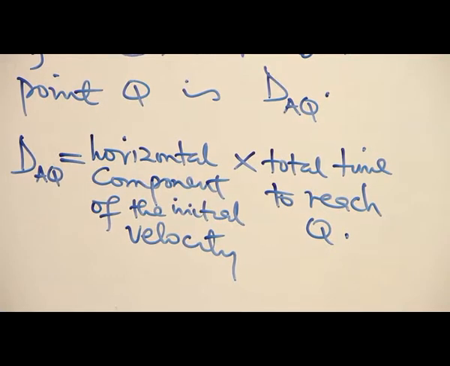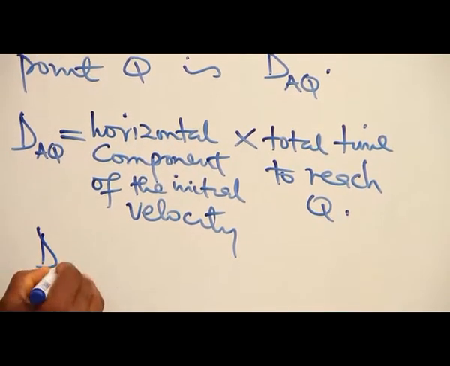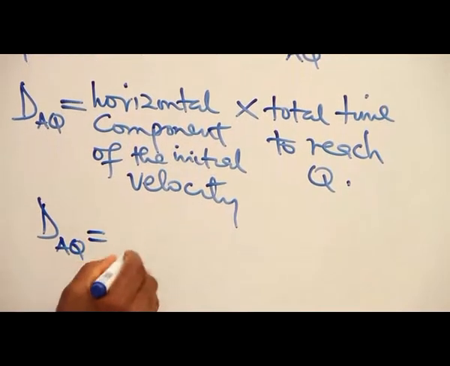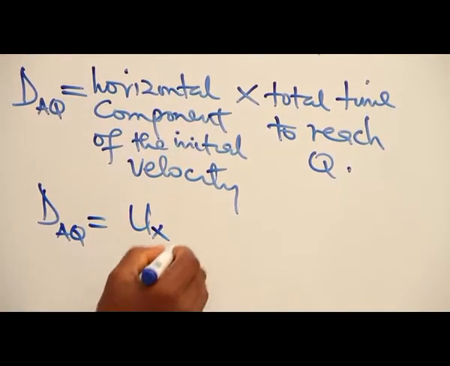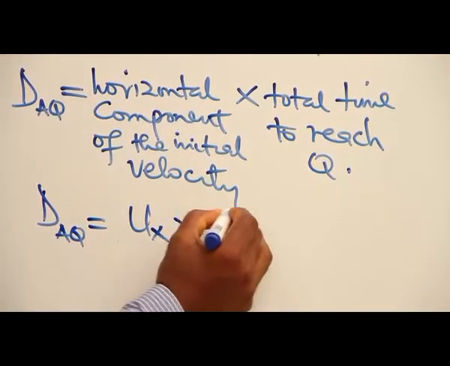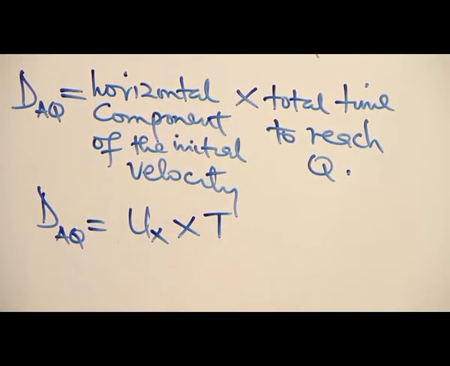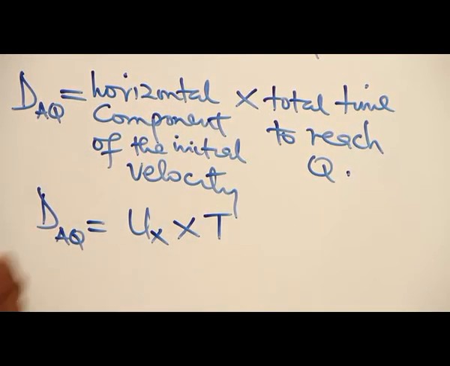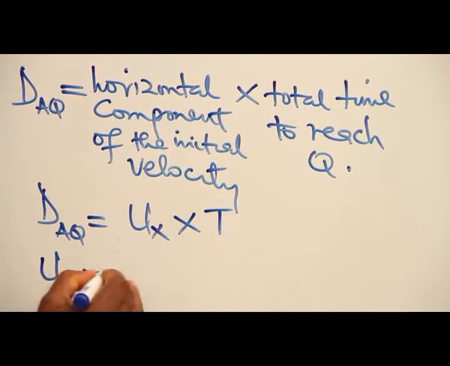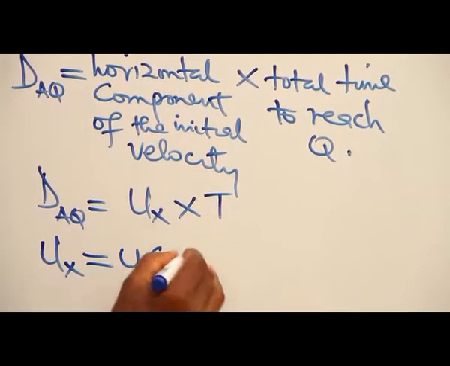So we have to take this as DAQ is the horizontal component times the total time to reach Q from the point of projection. Now the horizontal component of the initial velocity is U cos theta.